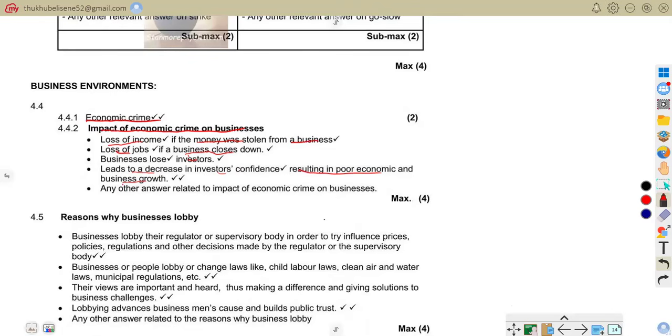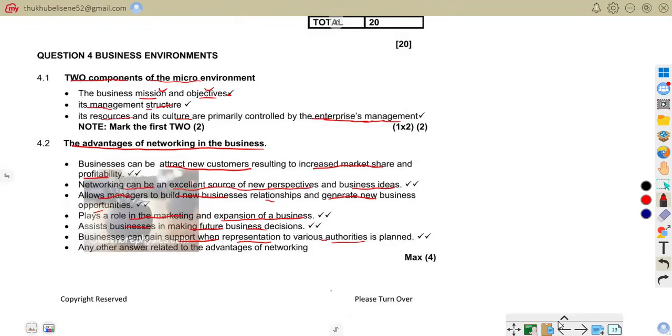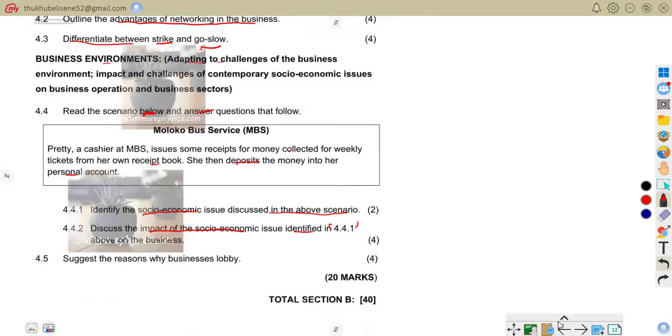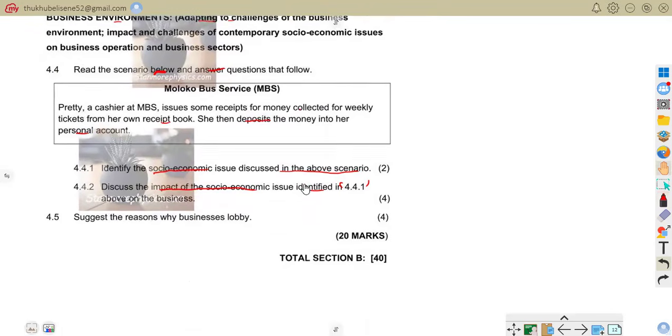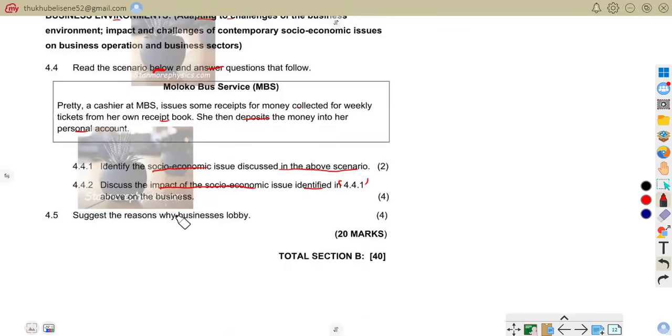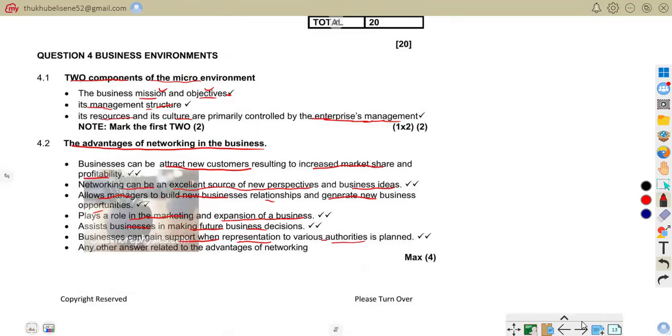So now let us go to question 4.5, which is our last question. It reads as follows: suggest the reasons why businesses lobby.